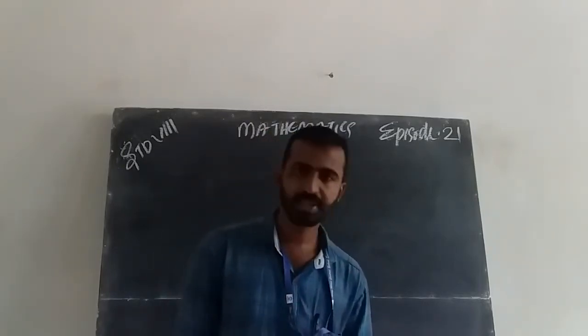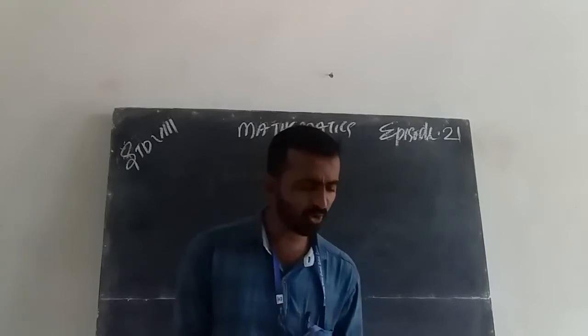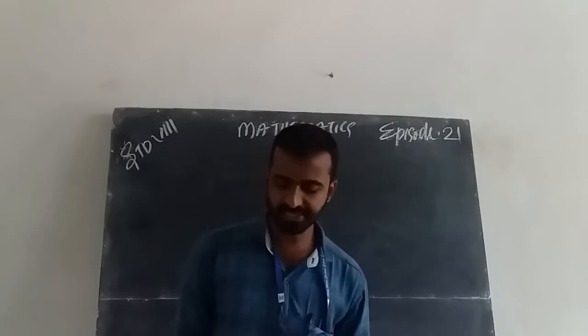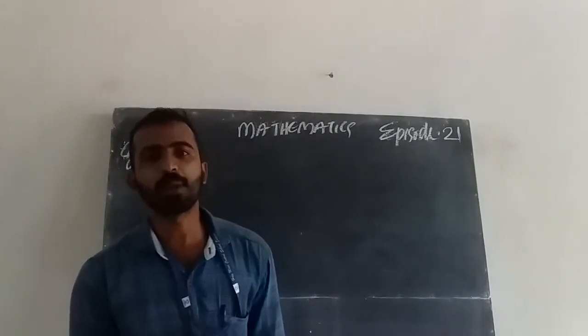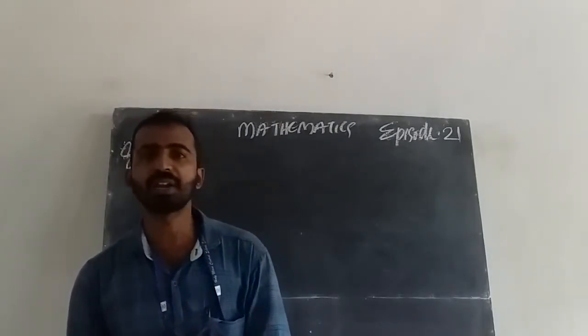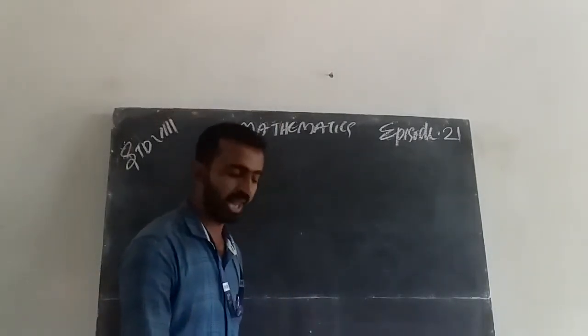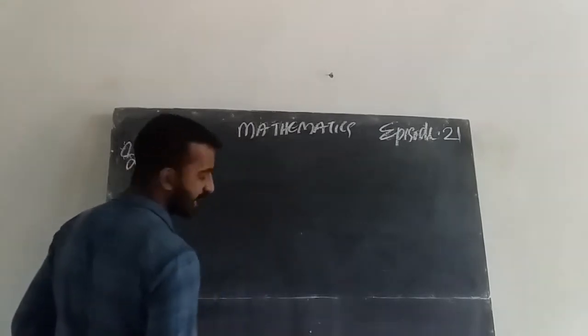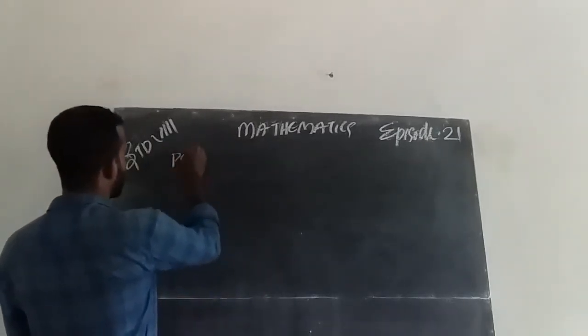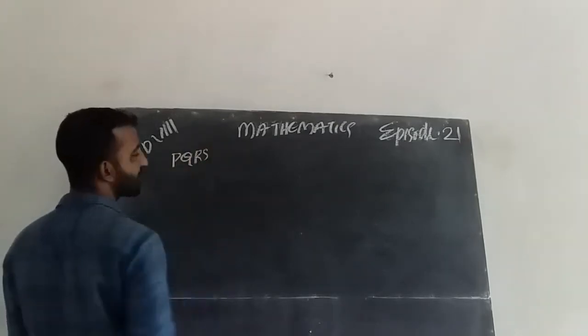For example, first we construct the quadrilateral with the help of 4 sides and 1 diagonal. Here are some lengths. PQRS is a quadrilateral.